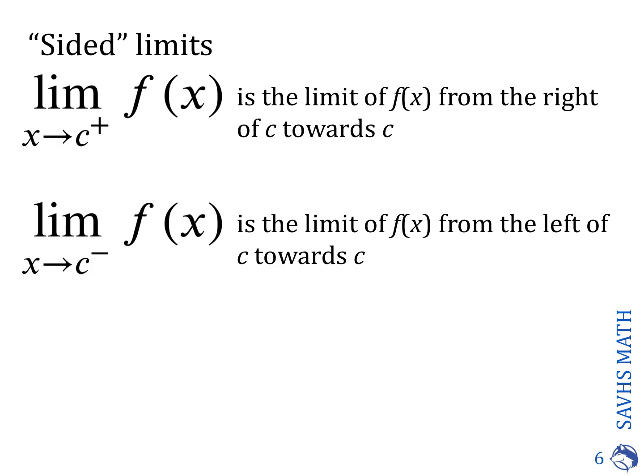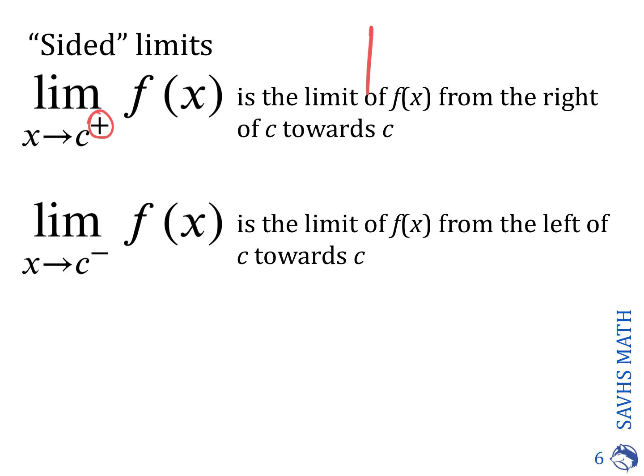Because I started talking about those two-sided limits, we need to be able to describe and notate the right-sided and the left-sided limits of a function. If you have a plus right here, that means you're looking from the right side.